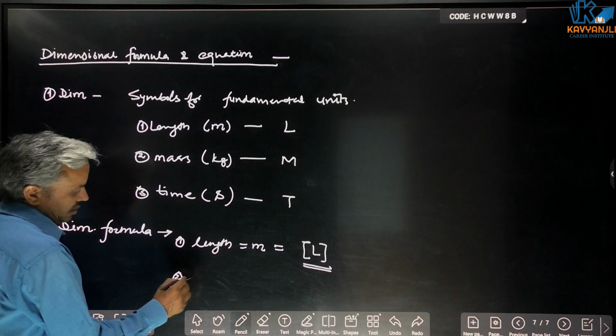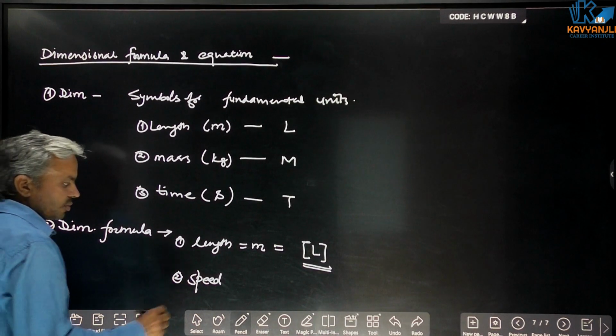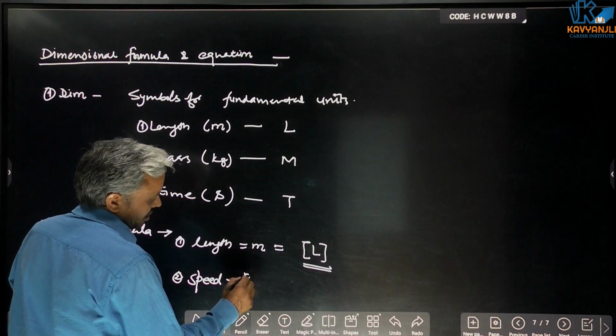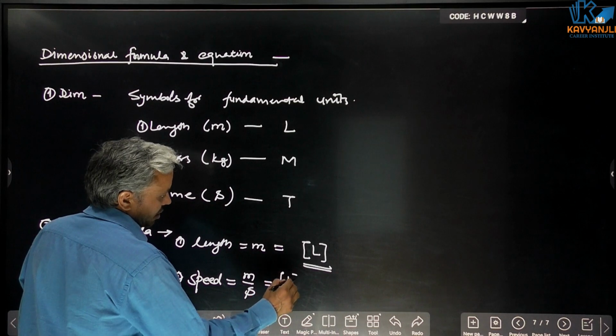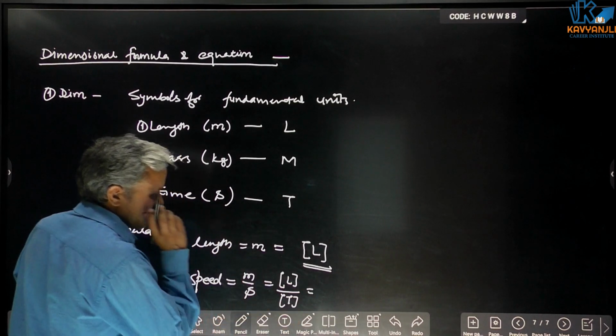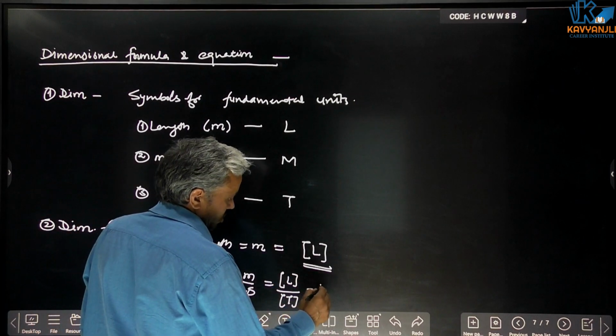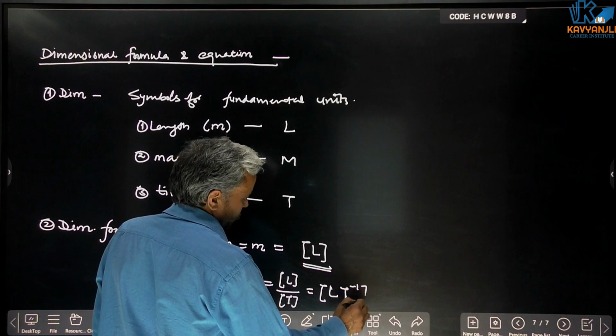If we want to write it for speed, what will be the dimensional formula? The unit of speed is meter per second. For meter, the symbol is L. T is for time. So we write LT minus 1.